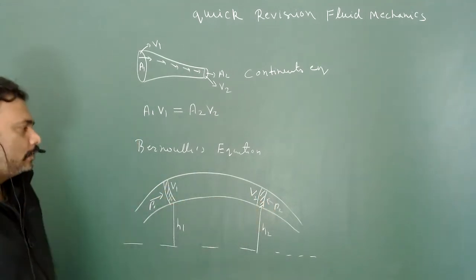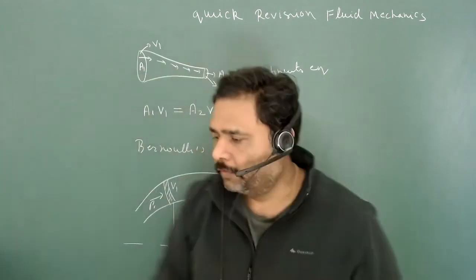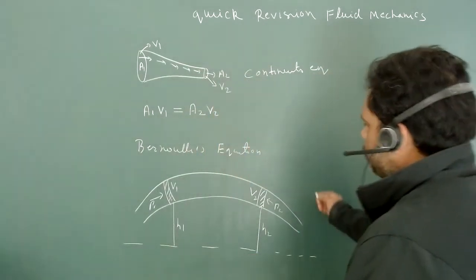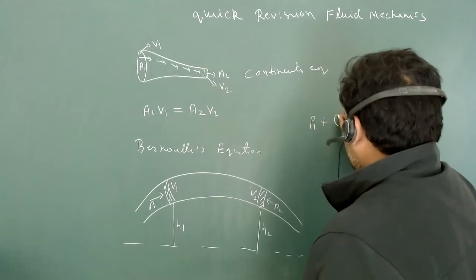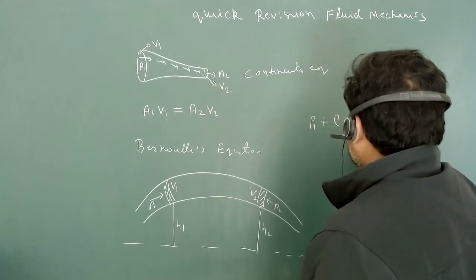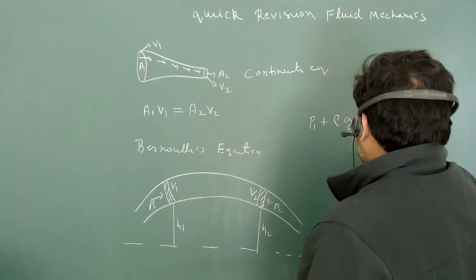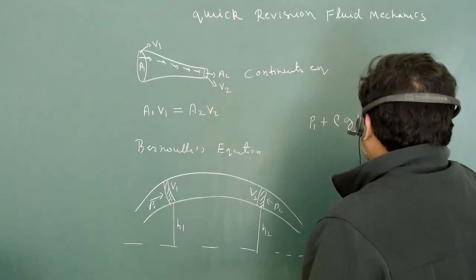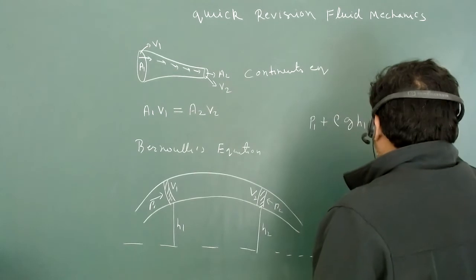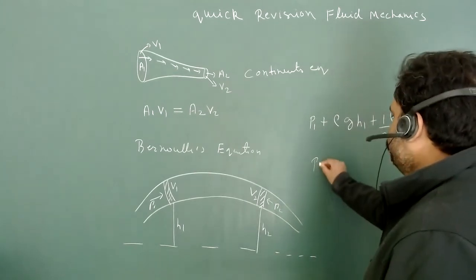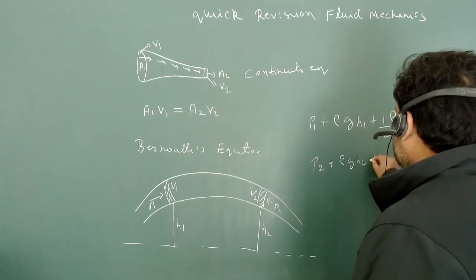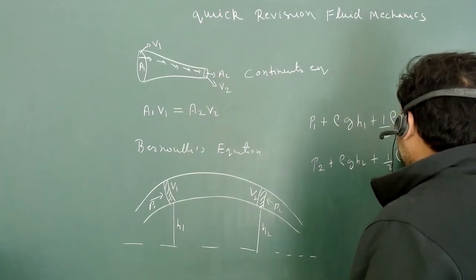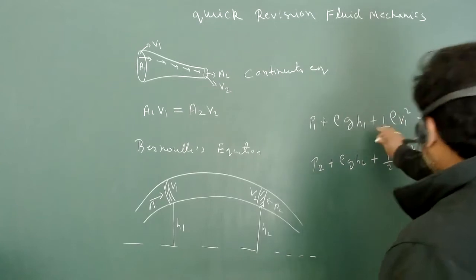So you can use the conservation of energy. When you use conservation of energy, you can write P1 plus rho g h1 plus half rho v1 square must be equal to P2 plus rho g h2 plus half rho v2 square. So this is constant.